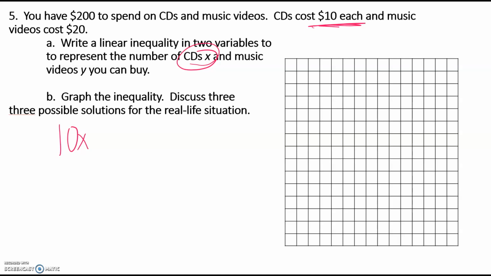And music videos are $20 each, $20 y, so 20y. And I have $200 to spend. So at most, I can spend $200. So it can equal $200 or it can be less than $200. At most, that's as much as I can spend. Okay, so there's my linear inequality.